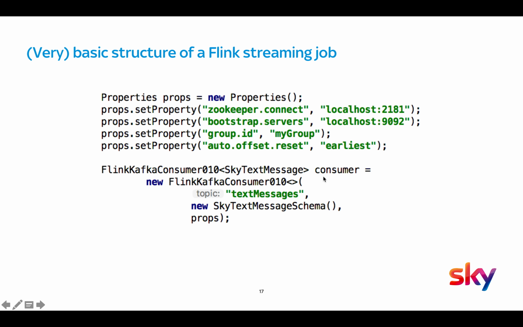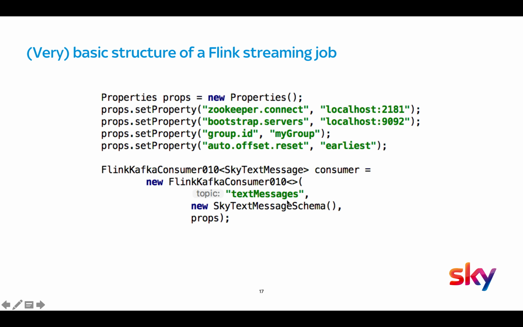This is a consumer which is included with Flink. You just give it some properties for the connection parameters, and that's all there is to it. You also need to give it the schema of the messages that you expect so it can serialize things properly, but that's kind of a given and not too difficult in most cases.